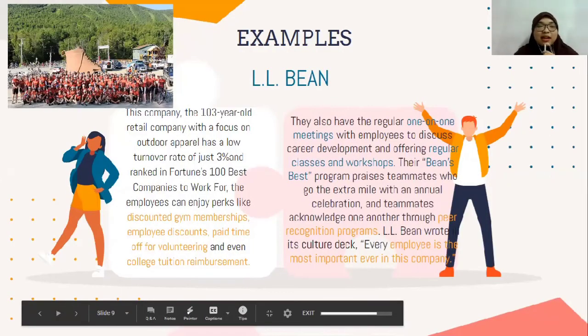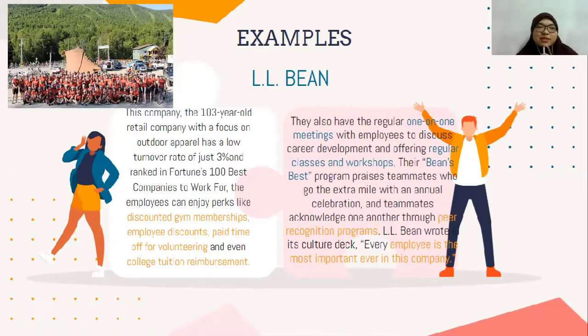So next, I want to give you guys some examples so that you can understand more regarding this topic. The first company that has shown organizational culture is LL Bean. LL Bean is a famous 103-year-old retail company with a focus on outdoor apparel, with a low turnover rate of just 3%, and they were ranked in Fortune's 100 best companies to work for.